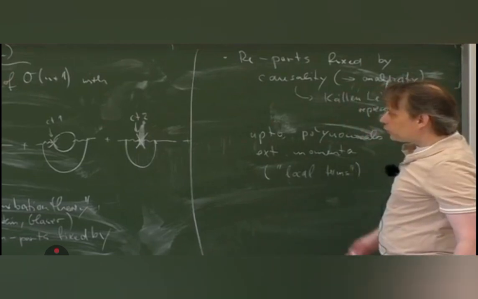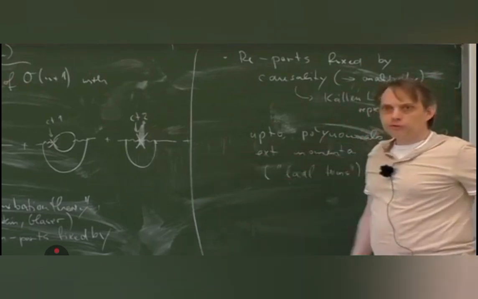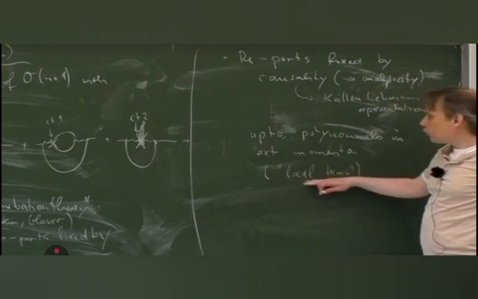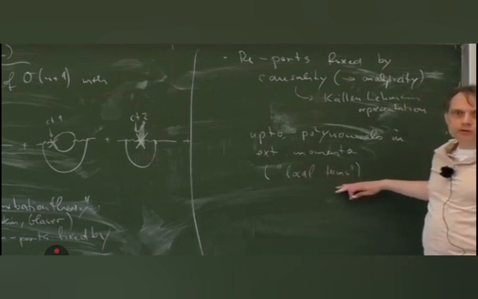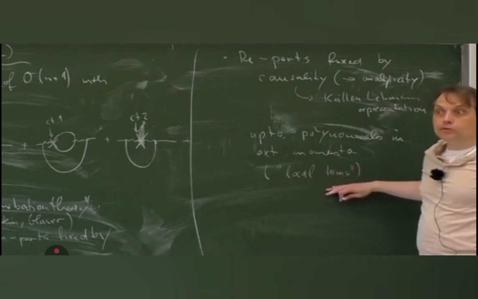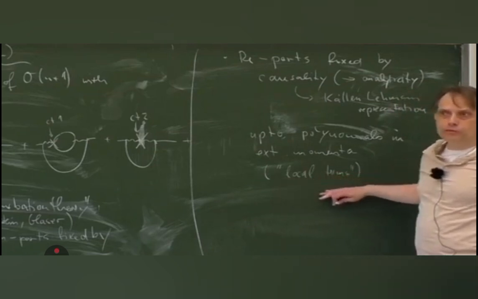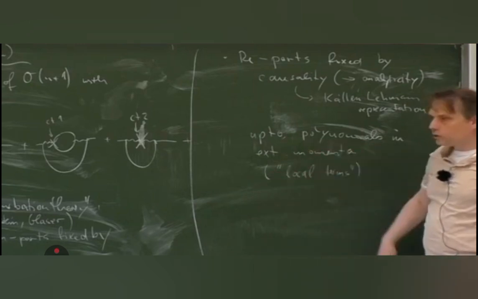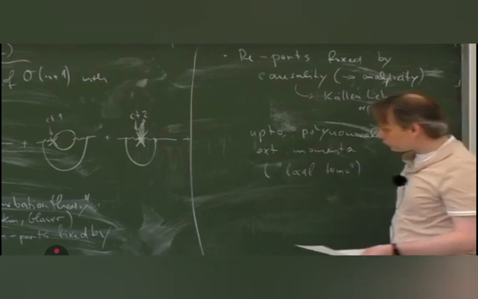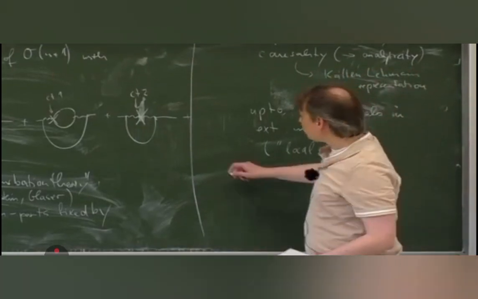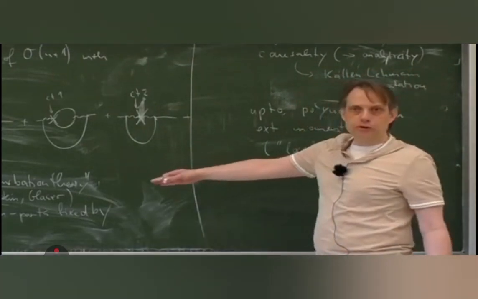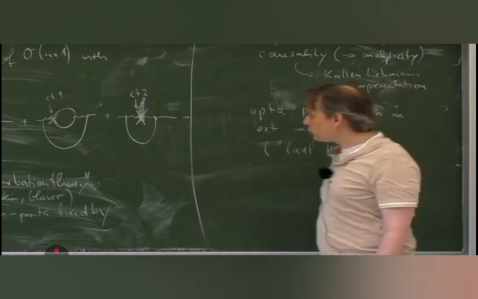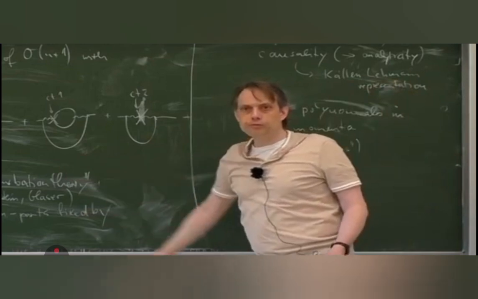So the only thing which is not fixed by these deep physical principles, unitarity and causality, are local terms, which are exactly the terms which can be written in a Lagrangian. Everything else is fixed by unitarity and causality. Imaginary parts and non-local terms are fixed. That is the first theorem, which is general and not only valid in dimensional regularization, but in any approach to renormalization, because it just comes from analysis of physics.